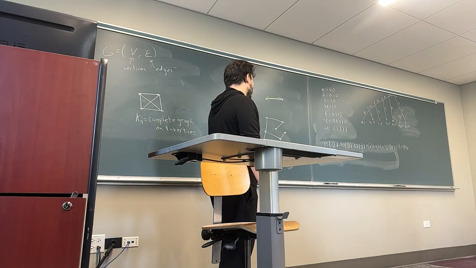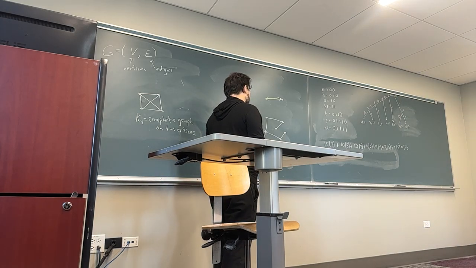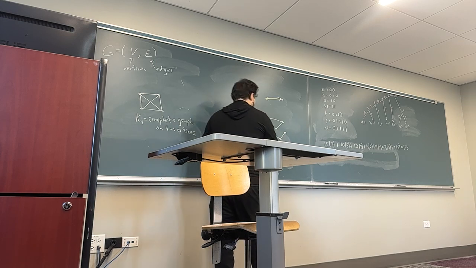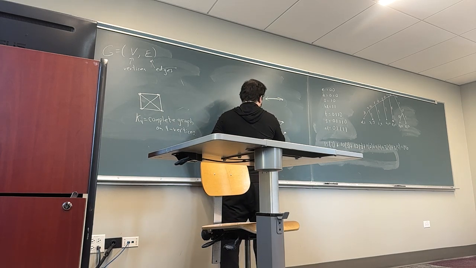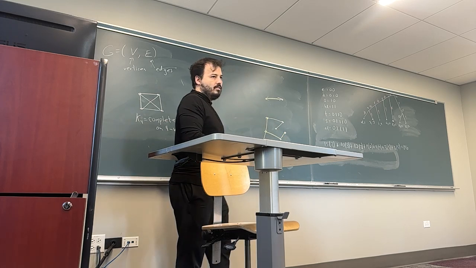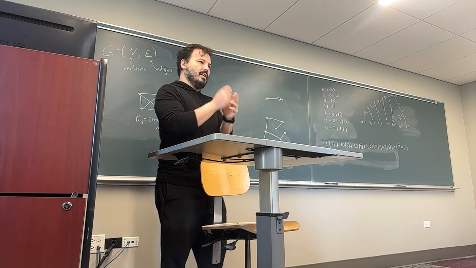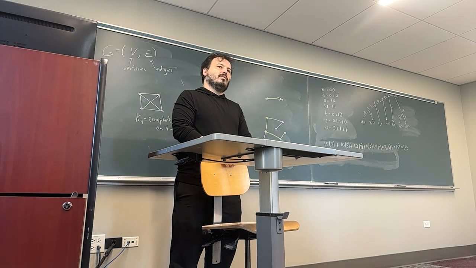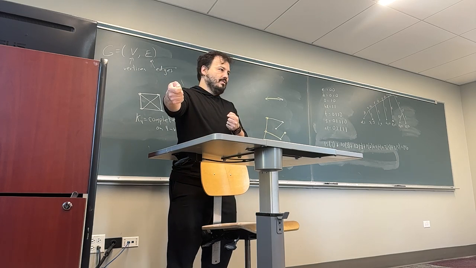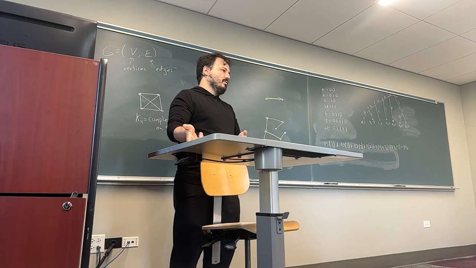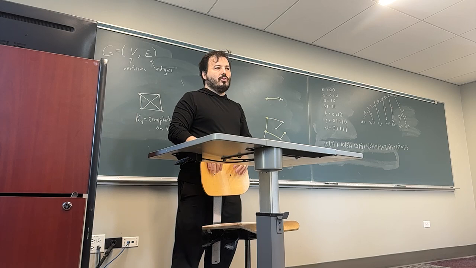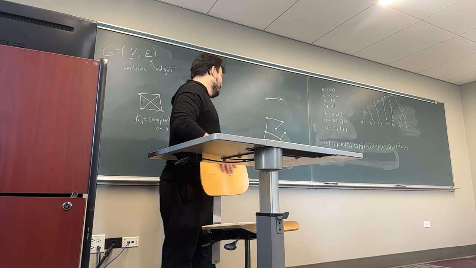So the more natural ones are, for example, that's a subgraph. So you pick some vertices and some edges, and that's a subgraph. So you can delete edges, but you cannot add vertices. You cannot add edges. If you add any of those two, then you're no longer a subgraph.